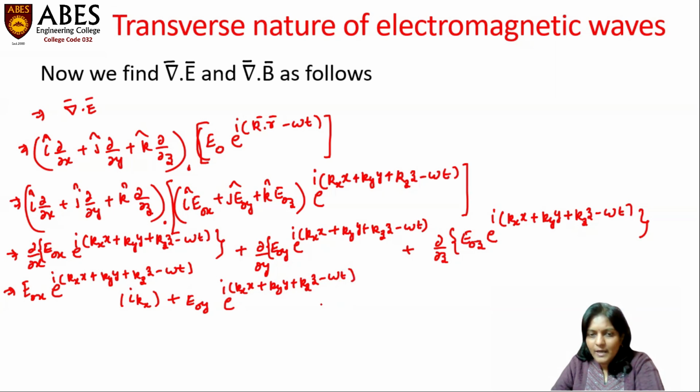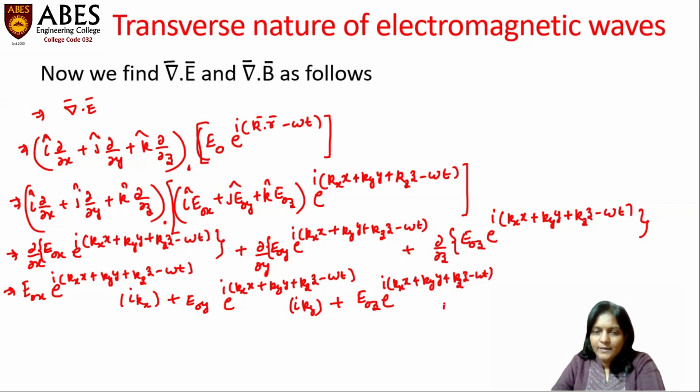And it will be i ky. Similarly, plus E0z e raised to the power i(kxx plus kyy plus kzz minus omega t) and ikz.